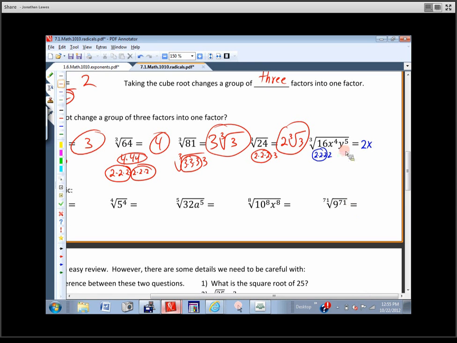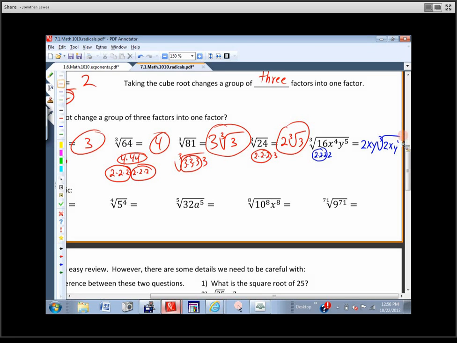How many groups of 3 y's do I have? I have 1. Now, I'm going to write, again, cube root, write the index. What number was left? There was a 2 left. How many x's were left once I took out a group of 3? One of them, so that's just an x to the first. And how many y's were left? 2 of them, so that's going to be y squared. Take a good look at that.